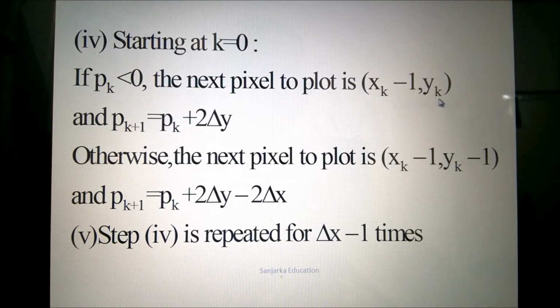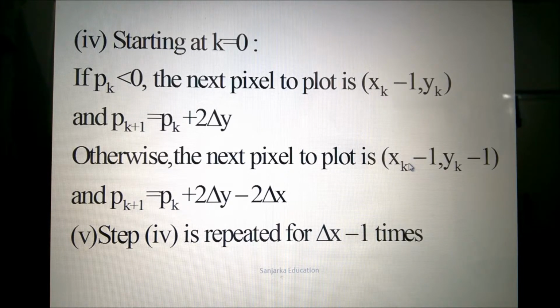It will take the previous value of the pixel, and the next decision parameter will remain the same equation. If pk is not less than 0, then both will be decremented.